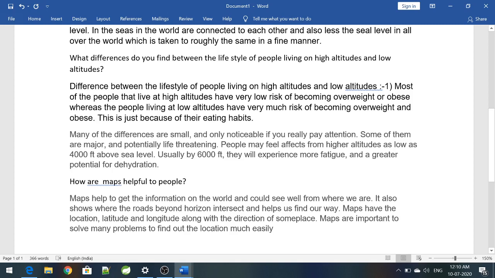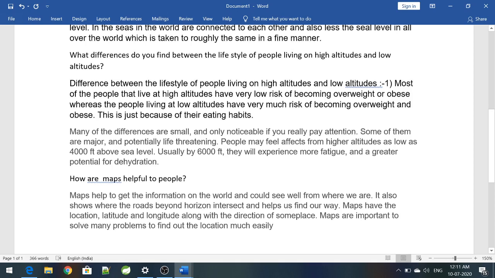This is just because of their eating habits. And one more is, many of the differences are small and only noticeable if you really pay attention. Some of them are major and potentially life threatening. People may feel affected from altitude as low as 4,000 feet above sea level. Usually by 6,000 feet they will experience more fatigue and a greater potential for dehydration.